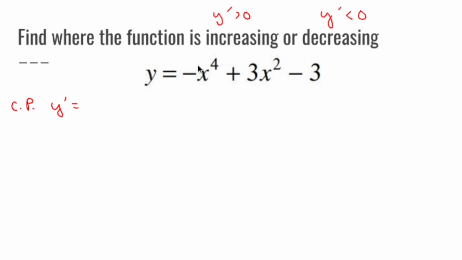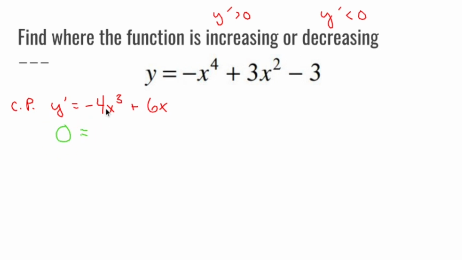So I have to take the derivative of this guy. So negative, bring that 4 down, turn x to the 4th into x to the 3rd. Multiply that 2 to 3, x squared becomes x to the 1st, and the derivative of negative 3 is nothing. I don't know why it took me so long to figure that out. Now, in order to find the critical points, I need to set my derivative equal to 0.